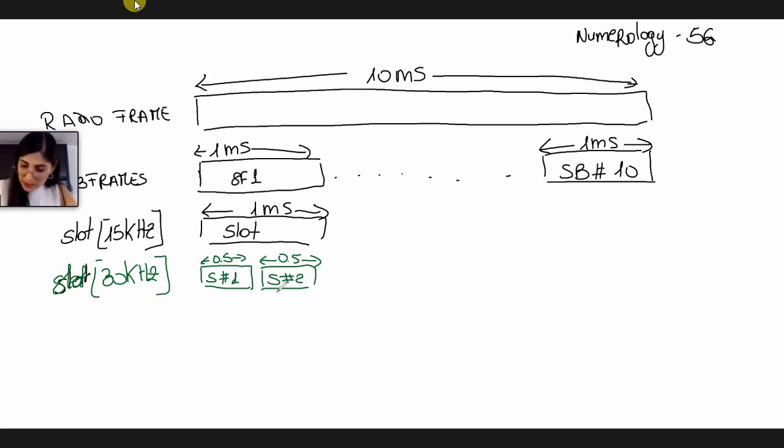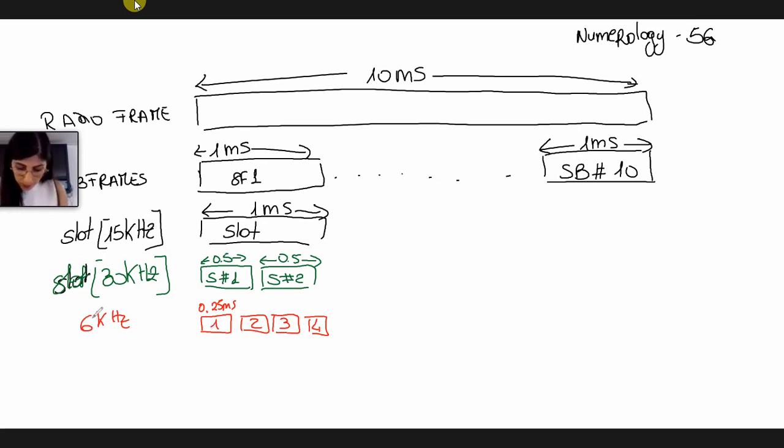If we have 60 kilohertz of subcarrier spacing, we will have 4 slots: 1, 2, 3, and slot 4, each slot lasting 0.25 milliseconds. So we can see from here that within the same subframe, by using different subcarrier spacing, we can send more data.